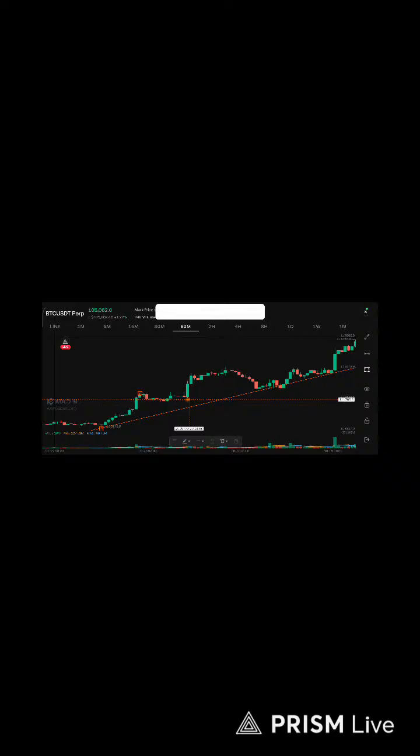Have you seen any place that you see the red candle, the red rectangle? Know that is your higher low. And any place you see the green rectangle, know that is your position of the higher high.